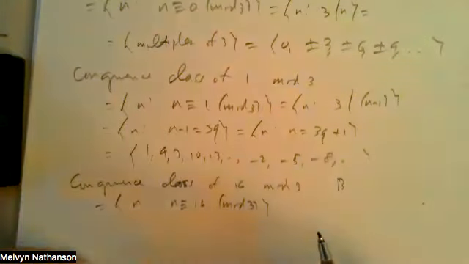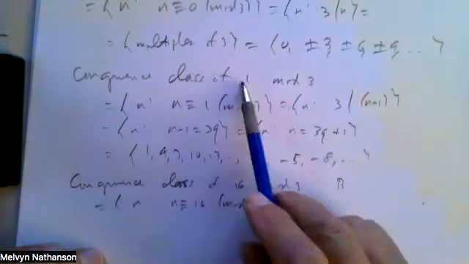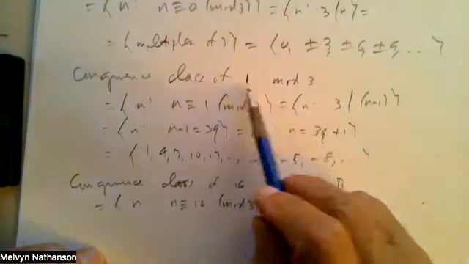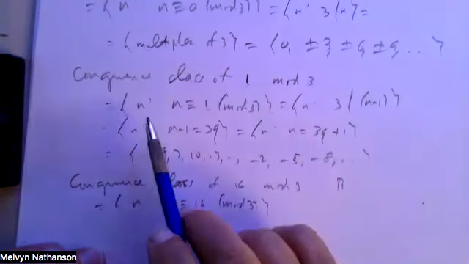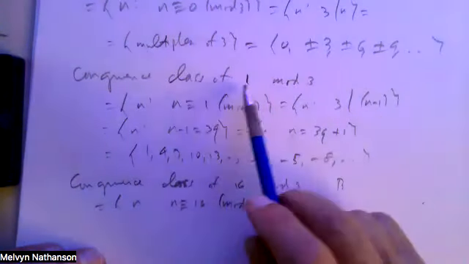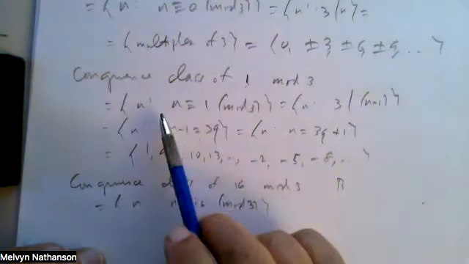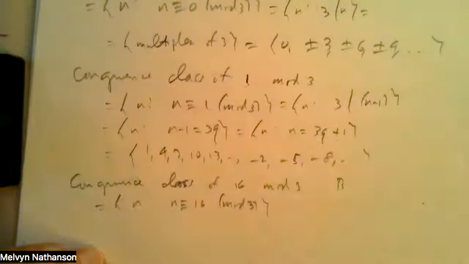Why did you use n minus 1 over here? Because I'm trying to find the congruence class of 1 mod 3. So I'm given the 1 and I'm given the 3. This is all numbers n. This is the definition of a congruence class: all numbers congruent to 1 mod 3. That's what this says. All n such that n is congruent to 1 mod 3.